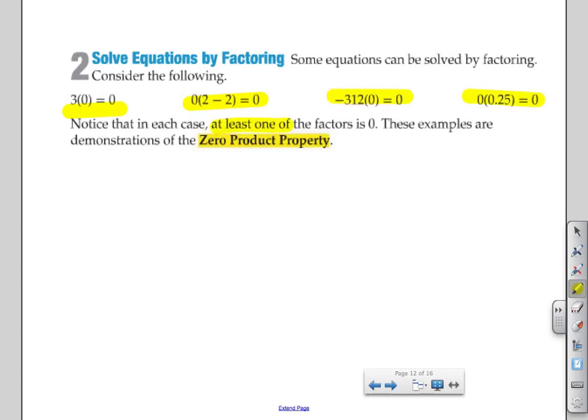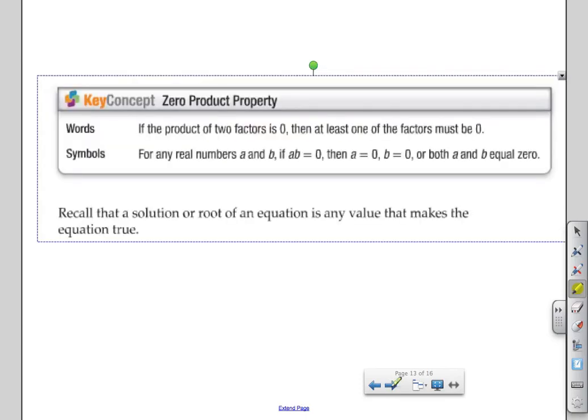Yes, at least one of the factors is 0. We're going to use that thing that we know. If a product is 0, we know one of the factors must be 0. So these are just examples of what is known as the zero product property. That's your third vocabulary word. Let's look at that property right now.